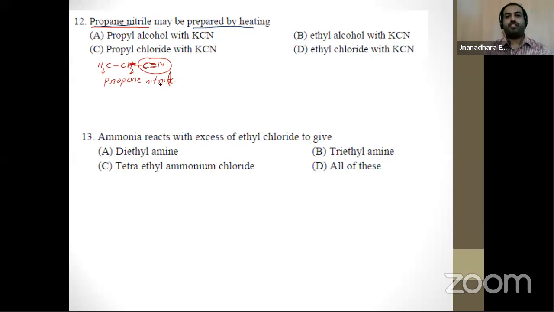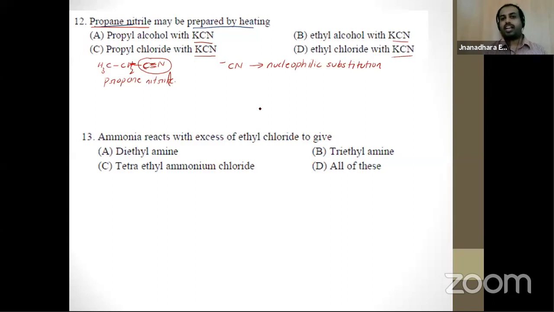Now you have to figure out how this propane nitrile is prepared. You can look at the options to get some clue. In all options, KCN is common, which means the cyanide ion is acting as a nucleophile. CN minus is the nucleophile, which means this must be a nucleophilic substitution reaction.